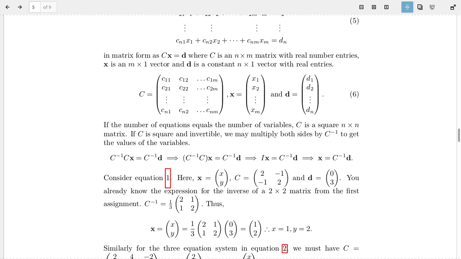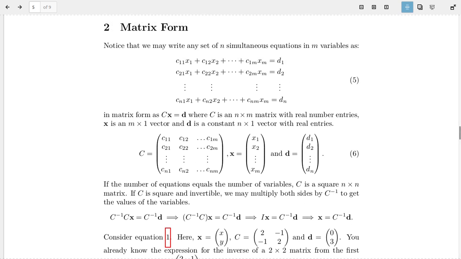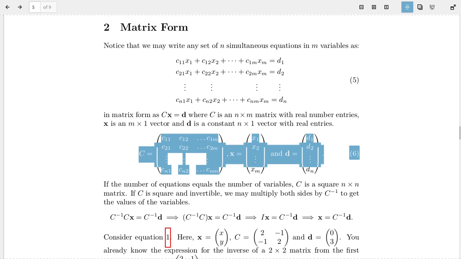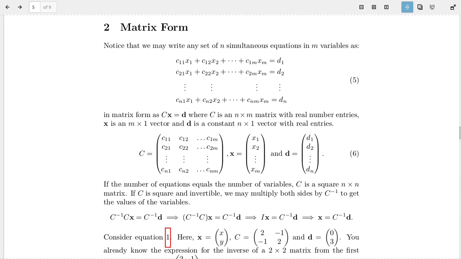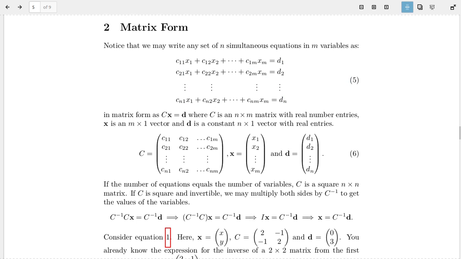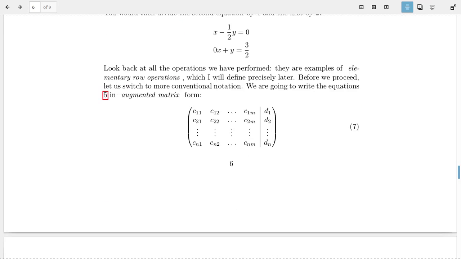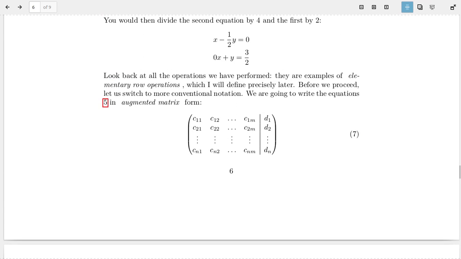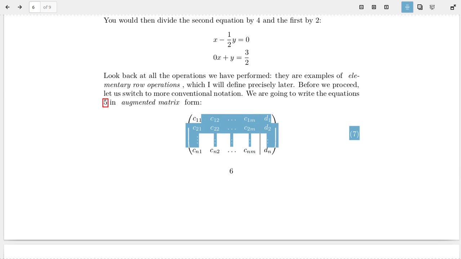Remember that C is our coefficient matrix, and D is what's on the right hand side of the set of simultaneous equations. We're going to write the coefficient matrix and separate it from the right hand side of the equations, and this entire matrix in equation 7 is known as the augmented matrix.